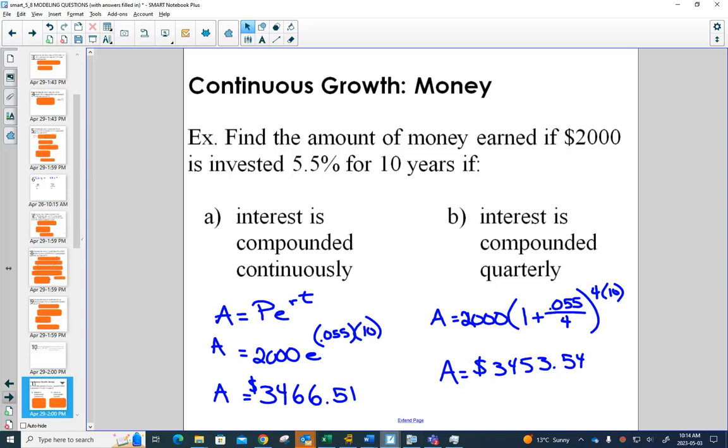Compounded continuously actually doesn't make a huge difference. In fact, what I always tell my students is that whenever you get a loan or when you get a mortgage, the biggest thing that's going to affect how much money you either make with interest rates or how much money you have to pay when you have a loan is the actual interest rate.